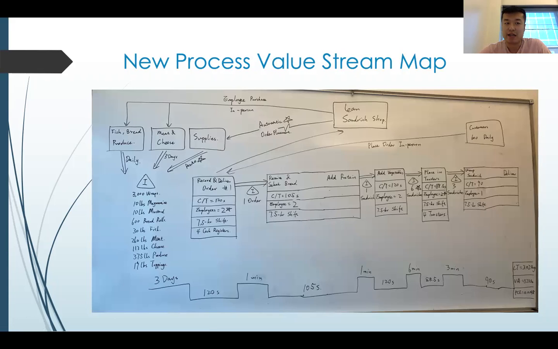Based on my design, I created a new process value stream map, and we can see some differences here. I want to have automatic order placement and automatic delivery, not 5 days. So the non-value added time for inventory from the suppliers will decrease from 5 days to 3 days.